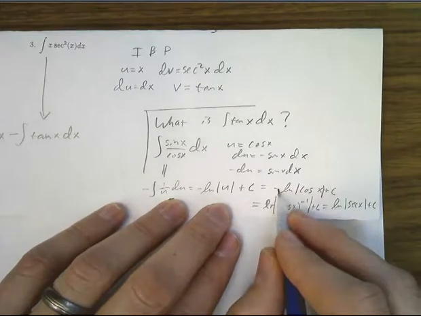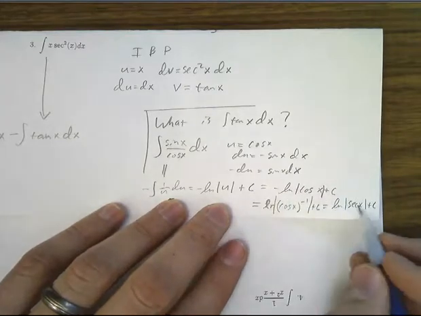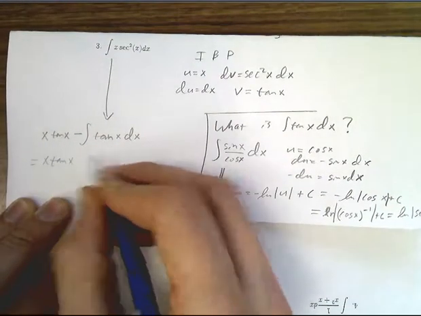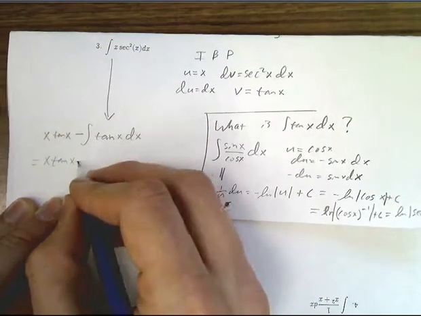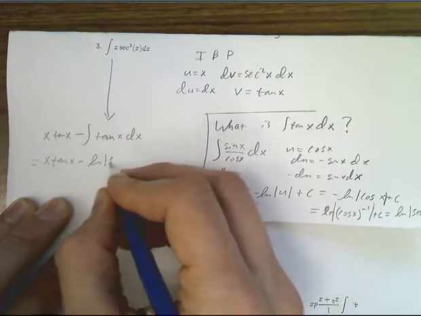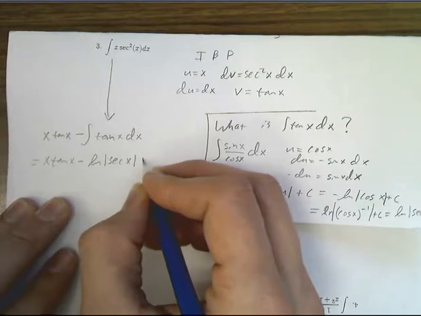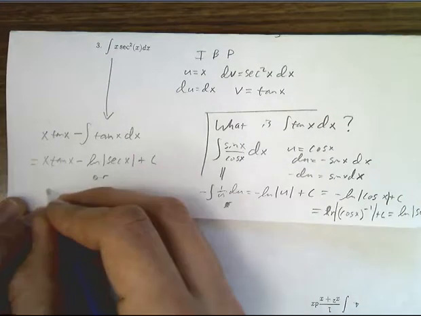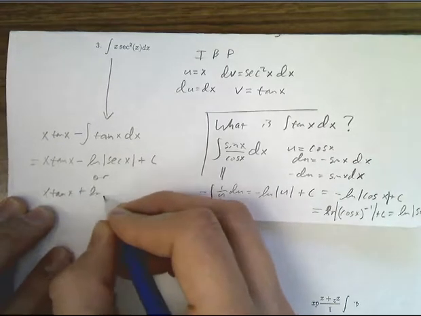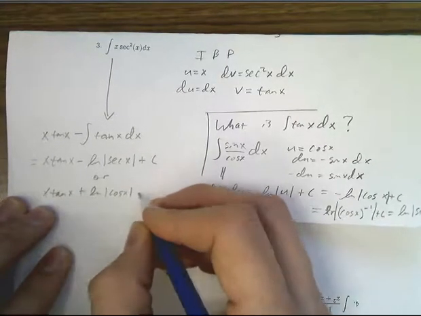So either one's fine, negative natural log of cosine x or natural log of secant x. So we know our final answer is, or, so either one of these would have been fine.